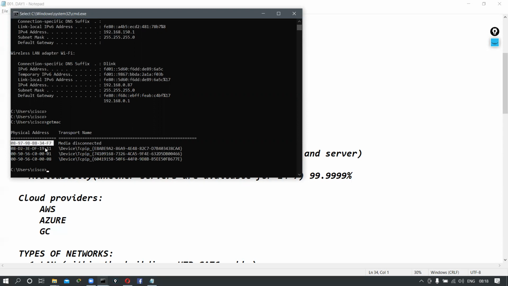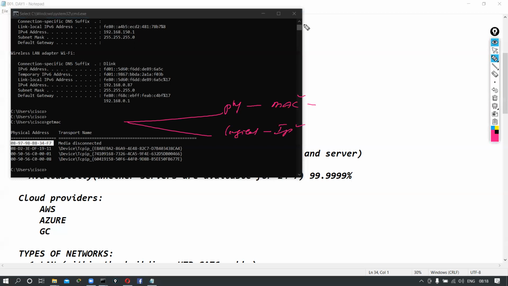MAC address will always be in the form of hexadecimal, which can be understood by human beings, but machines will understand only binary. Binary means what? 0 or 1.